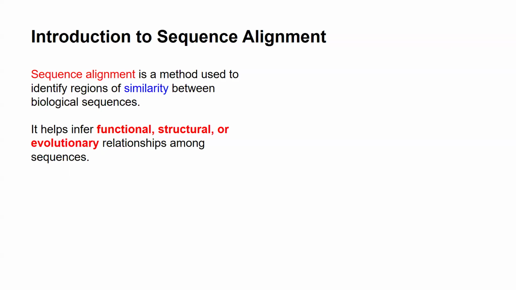Also, if you have protein or DNA sequences with a high percentage of similarity, it tells you that they have related function, and it also gives you an idea of the related structure. That is one of the very important things in carrying out sequence alignment.